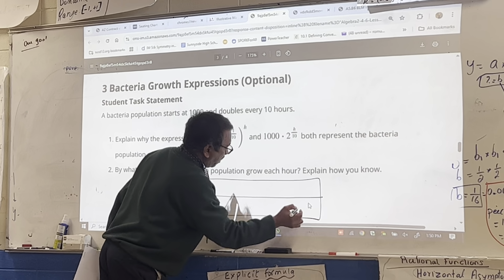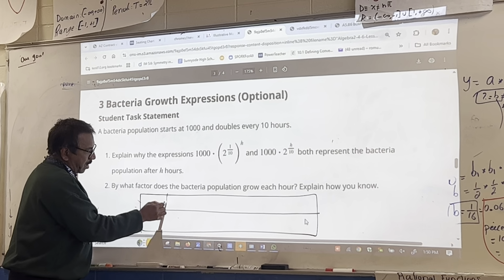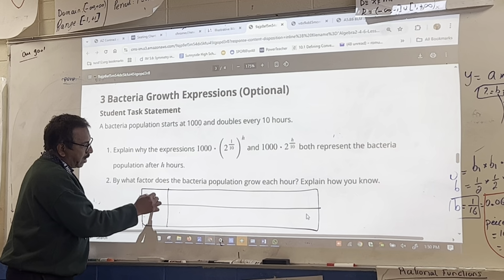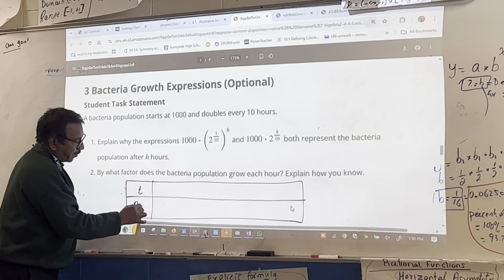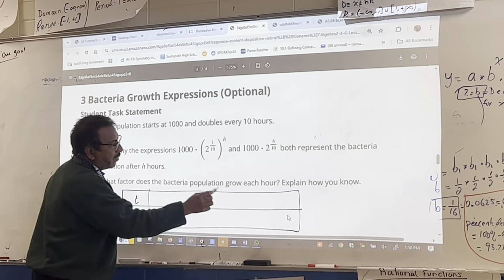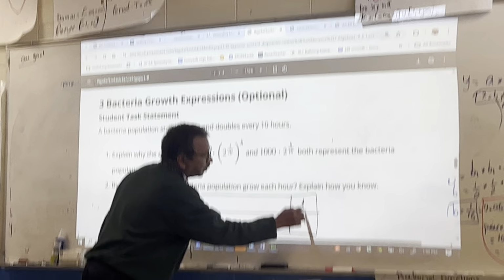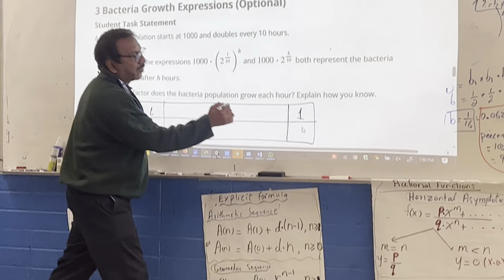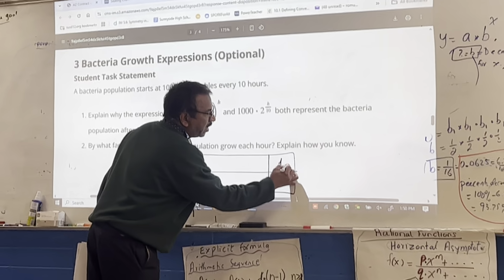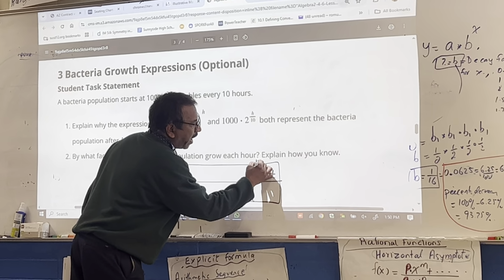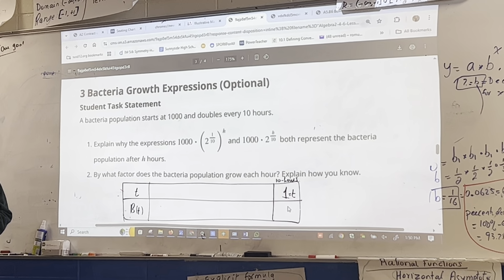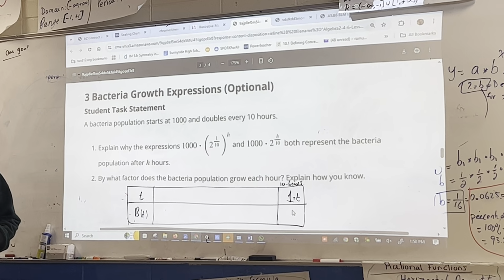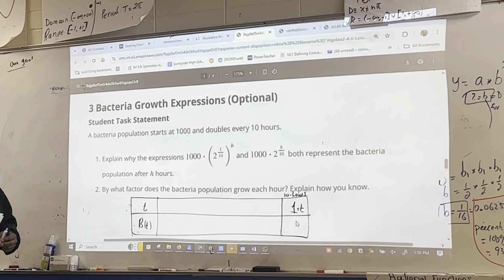So this is maybe T. I'll write T, and here I'll write down the bacteria. So this is like one. Now what does one stand for? When t is 1, it basically means 10 hours. So every group of 10 hours is t equals 1.